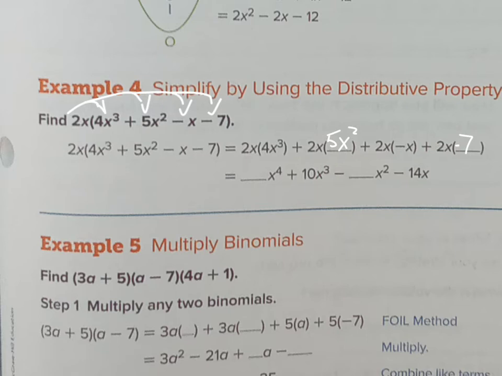And that's why this first one's going to be 8x to the fourth. The fourth has to come from x times x cubed. Then 10x cubed minus 2x squared minus 14x. There are no like terms on that one.